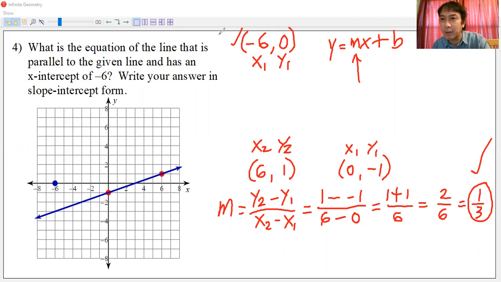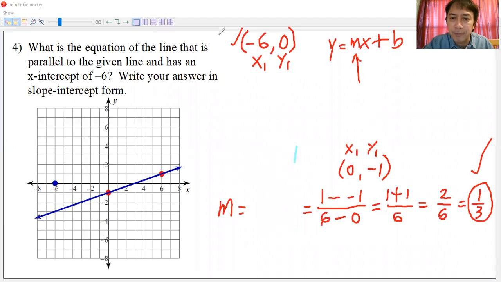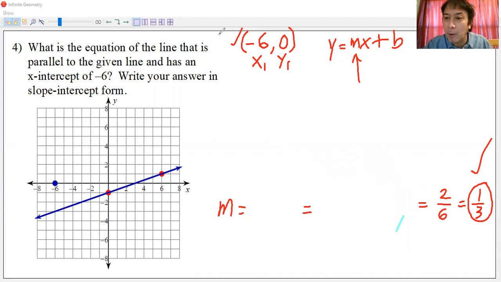Now that we have the slope 1/3 and we need some space for the equation of the line, we will just erase this part and then just denote the 1/3 our, of course, m.